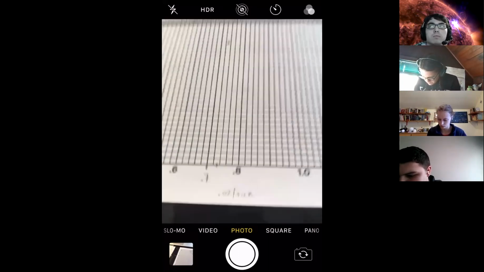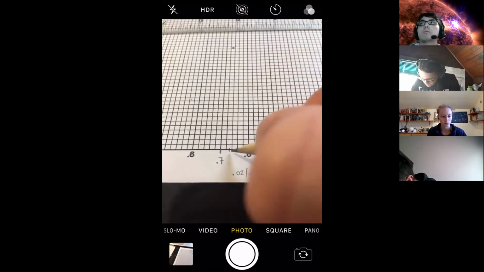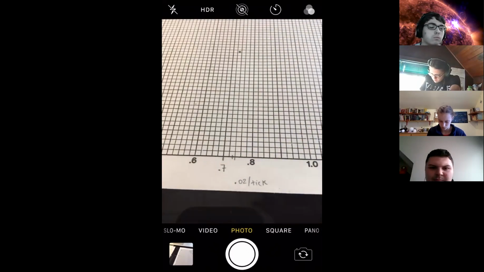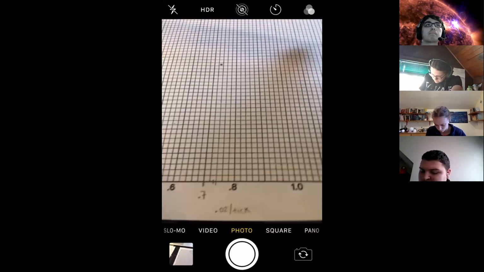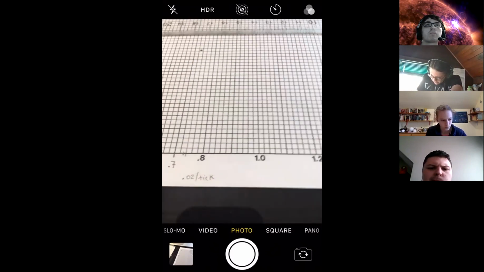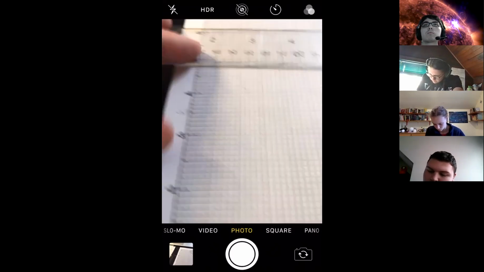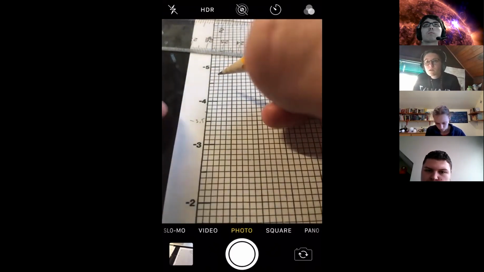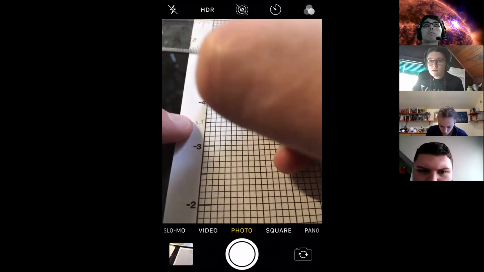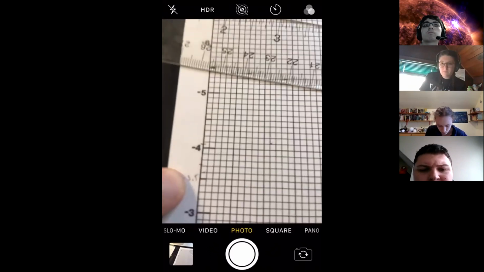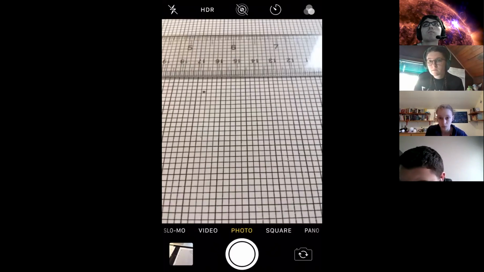0.74 and 4.08. So there's 0.74. I think I like this other ruler better. It's negative 4.08. It's very easy to make a mistake here, guys. 4.08, that's negative 4.1, so negative 4.08 is just below 4.1, all right?